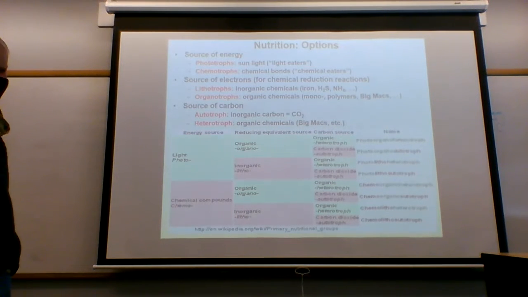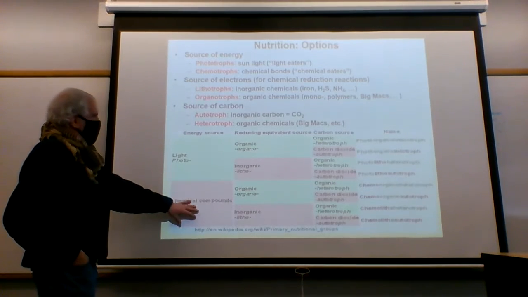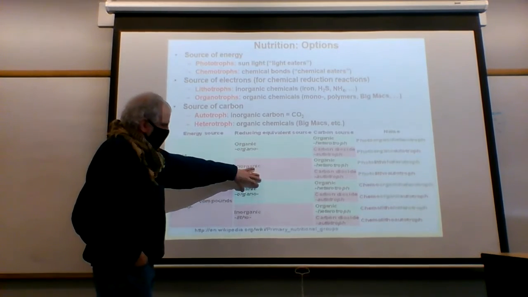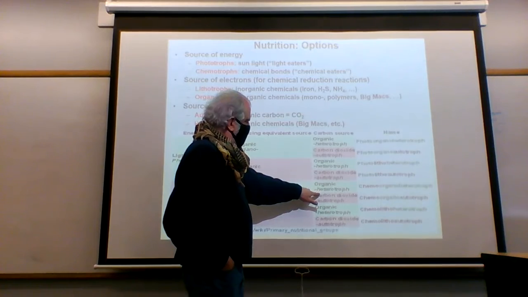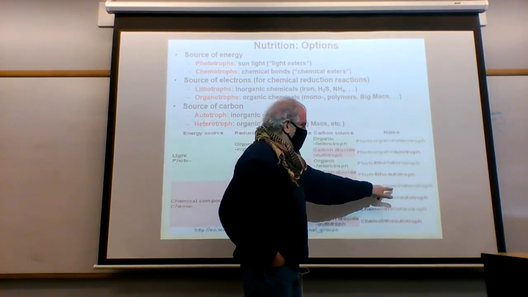Don't get around those. We have then the chemical compounds as the energy source, and they can be organic, where we're getting our electrons, and then we can have an organic carbon source. This would be us. We are chemo-organo-heterotrophs.